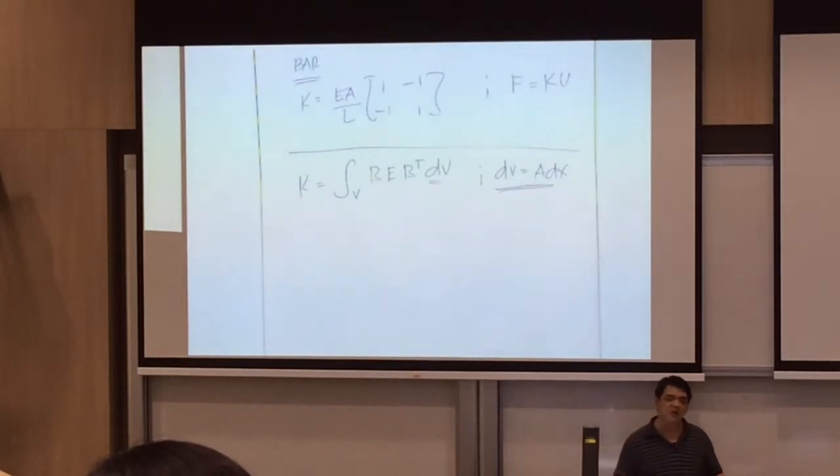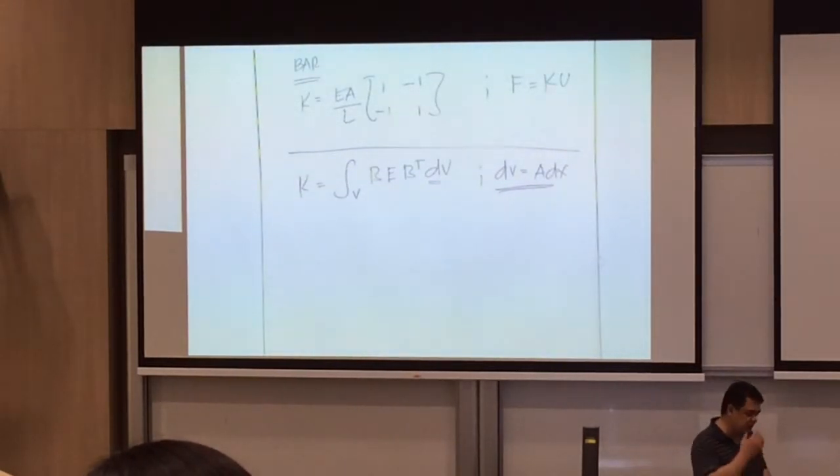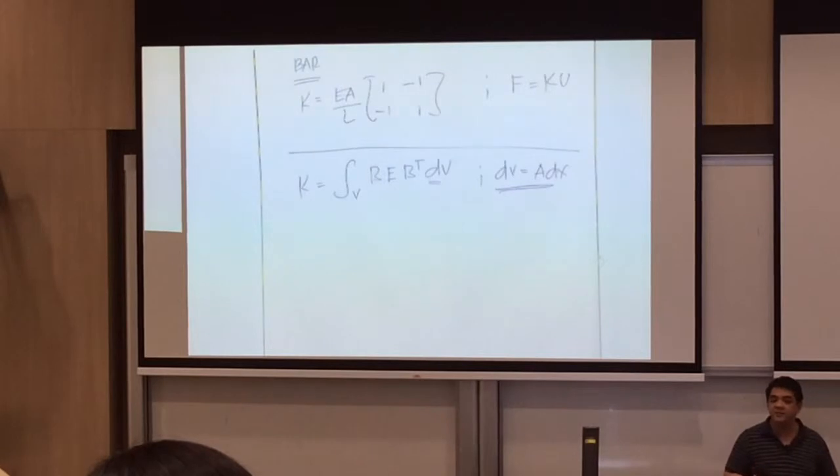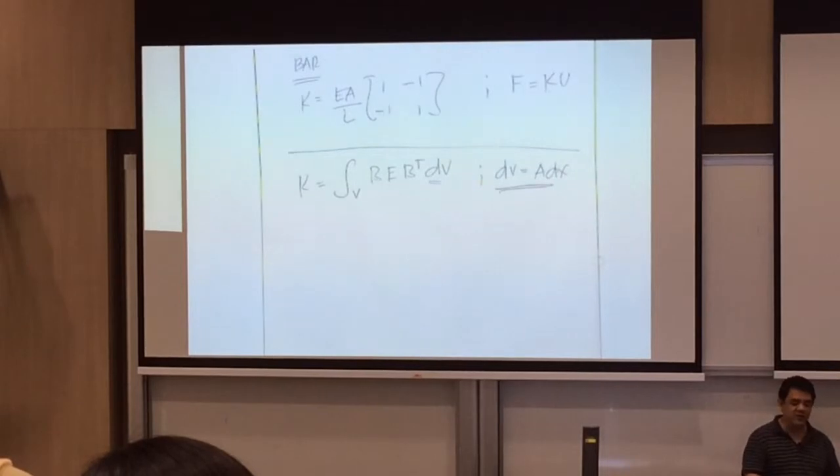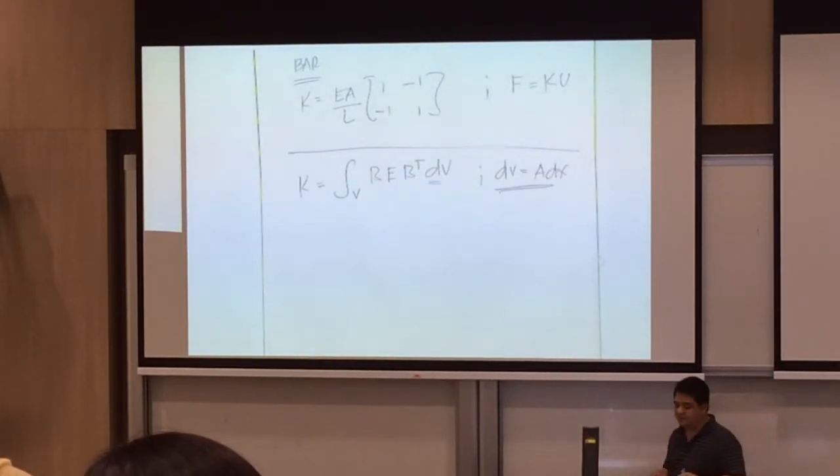So let's have a look now. The thing that you have to do now is a mapping from 0 to L, x1 to x2, to C1 to C2.